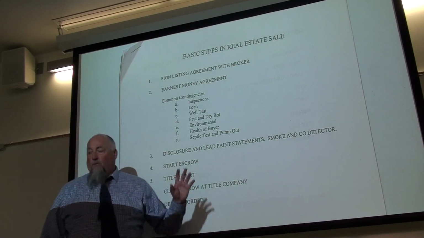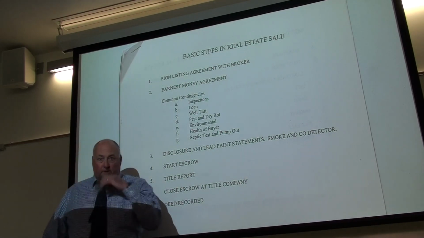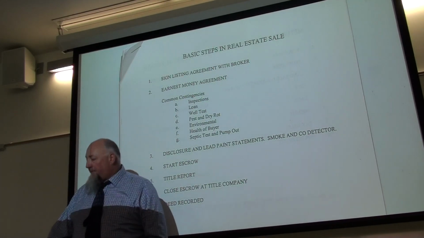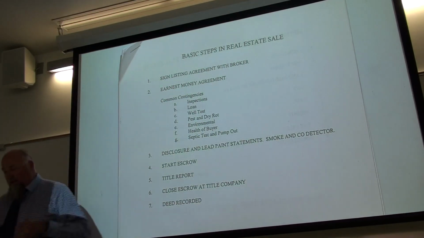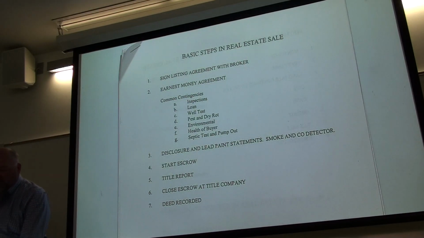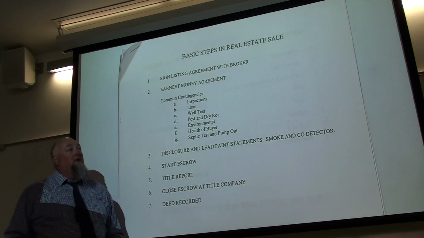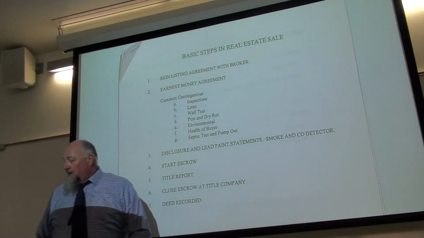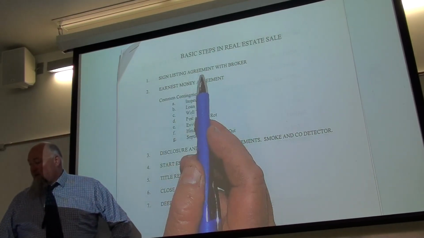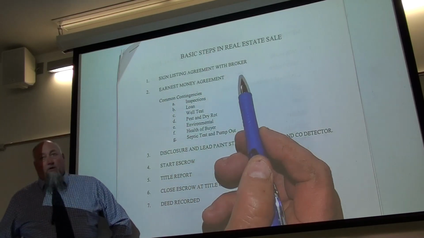So first of all, to begin with, if you're selling real estate and you're the owner of the property and you're going to be using a real estate agent, then the first basic step, of course, is to find the agent. And at that point, you will enter into what's called a listing agreement with the broker.